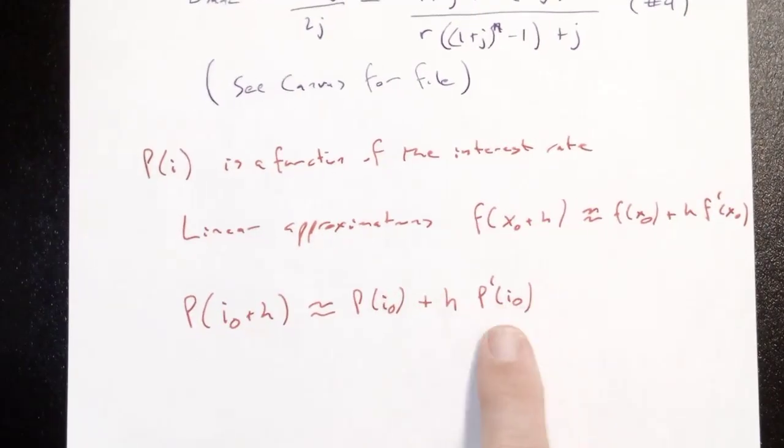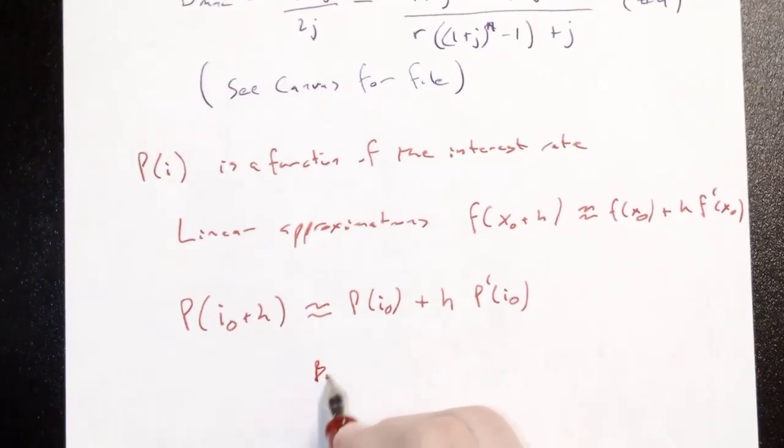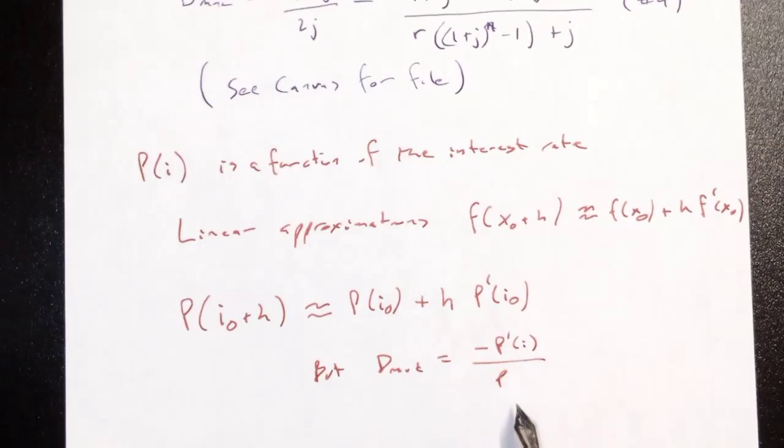My duration has something about P prime in it. Which duration thingy has something about P prime in it? And the modified duration is negative P prime over P, right?